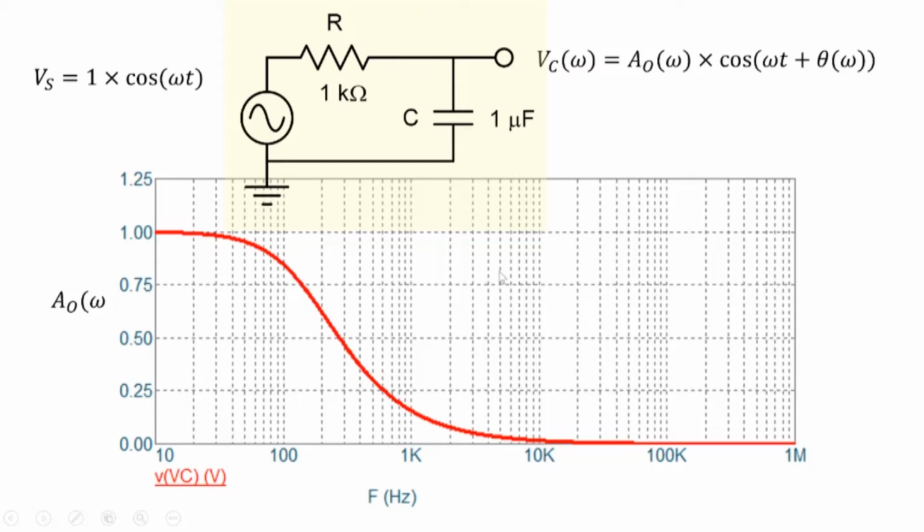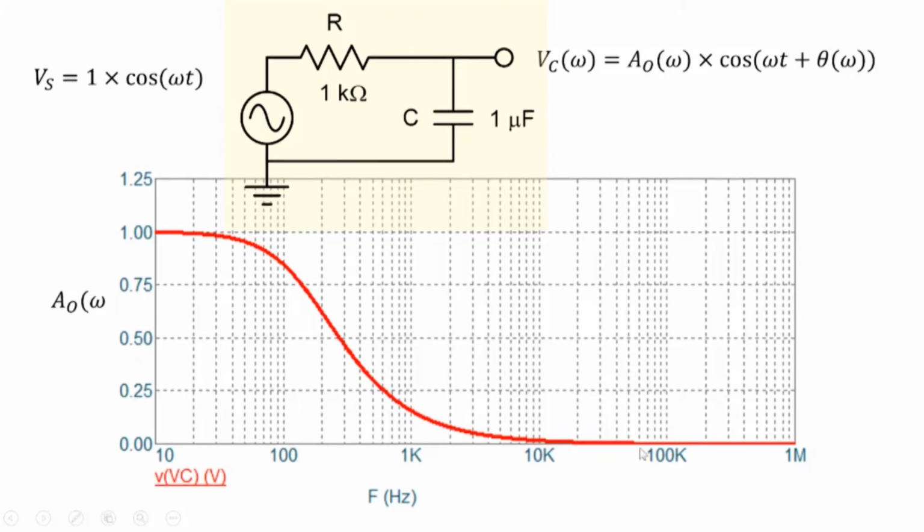It shows that if I have a low frequency signal, let's say 10 hertz, then the 10 hertz sinusoid is able to just pass through this circuit and appear as 1 volt. So a 1 volt signal at 10 hertz will appear at the output as 1 volt at 10 hertz. The circuit is transparent to low frequency signals.